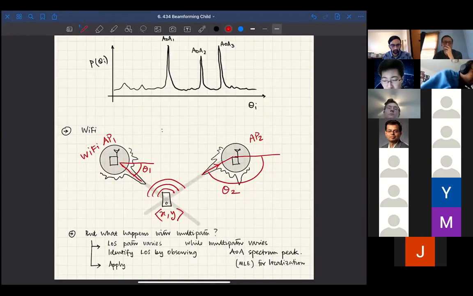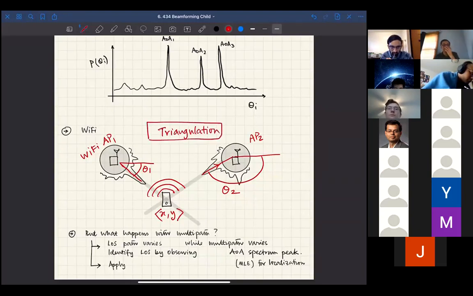Does that make sense? Right? This is called triangulation. But of course, you need to know the location of the Wi-Fi access points. And you can apply delay sum over here.